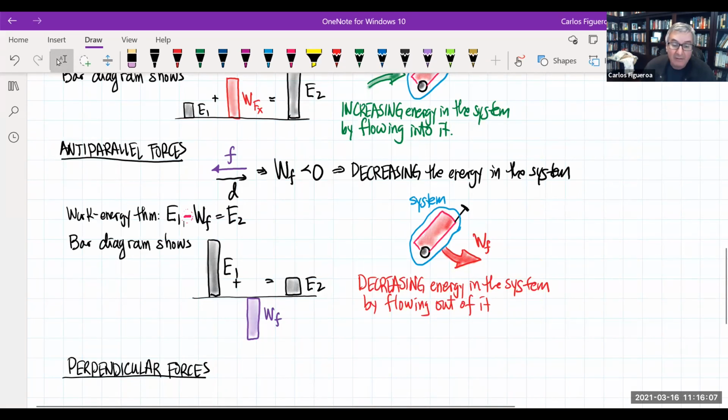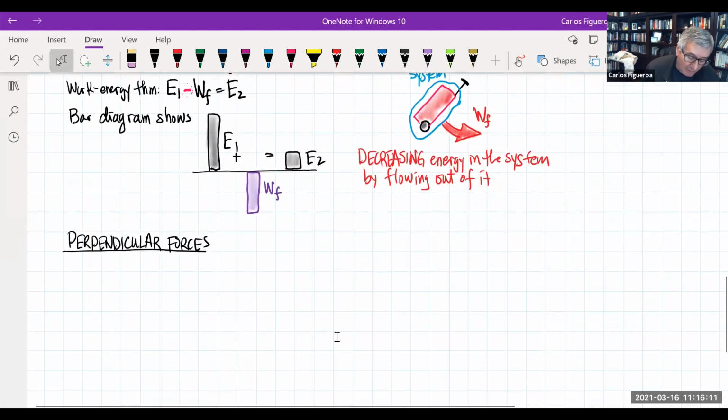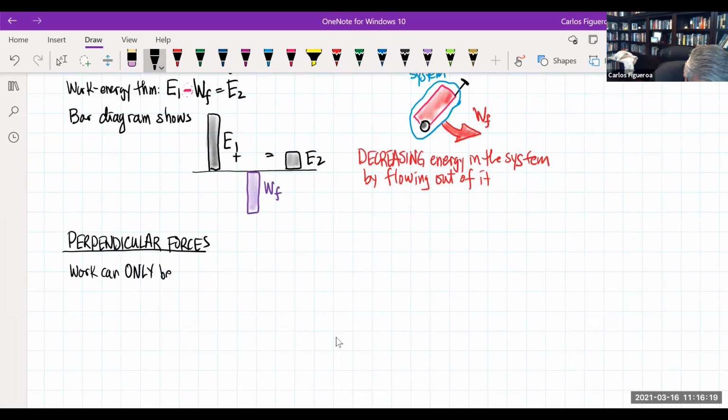Now let's talk about perpendicular forces. When I look at the work here, work can only be done if there is a displacement.